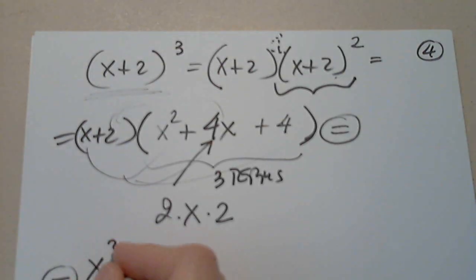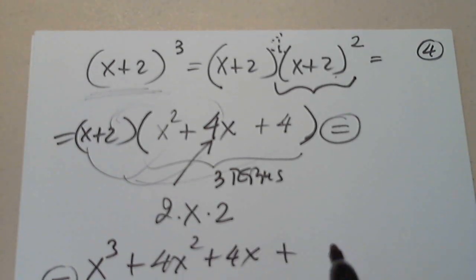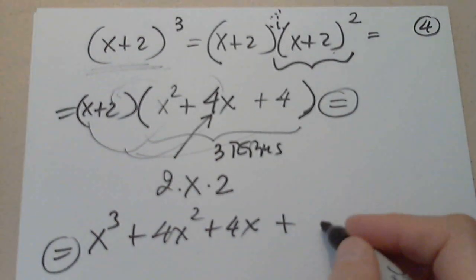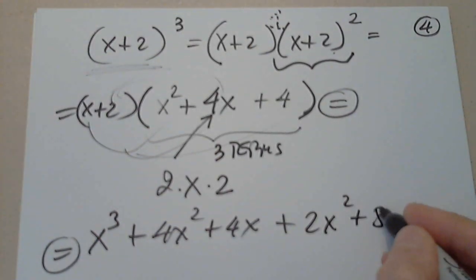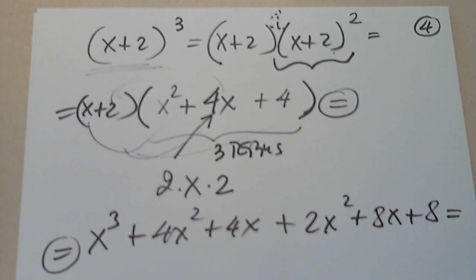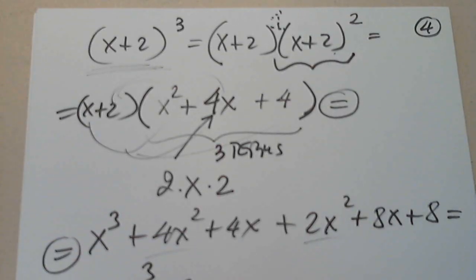x cubed, 4x squared plus 4x. Very good. Plus, let's distribute now 2 to these 3 terms. 2x squared, 8x, 8. Very good. In descending order now, where is our starting point? x cubed, indeed, plus 6x squared, indeed, plus 12x.